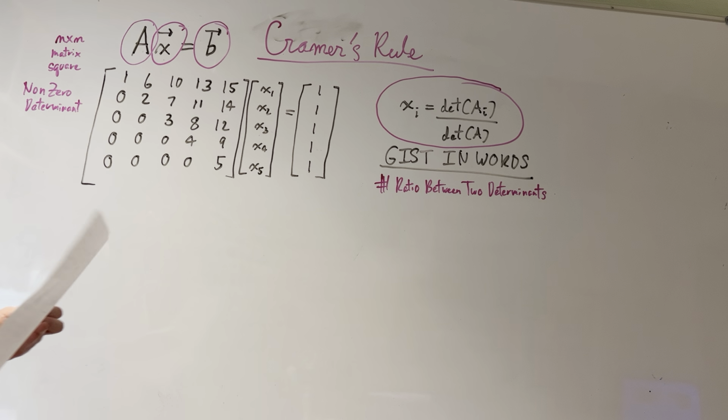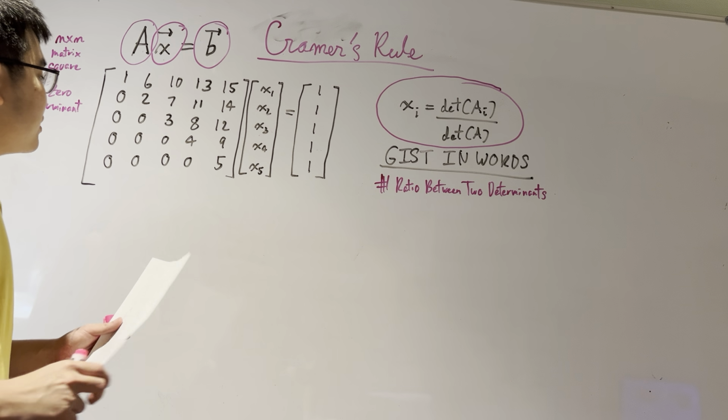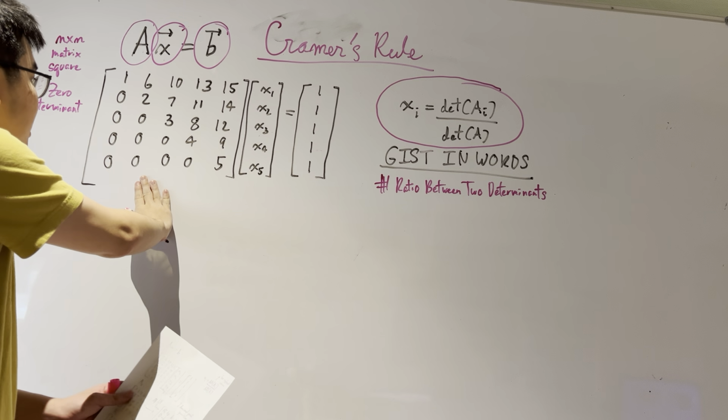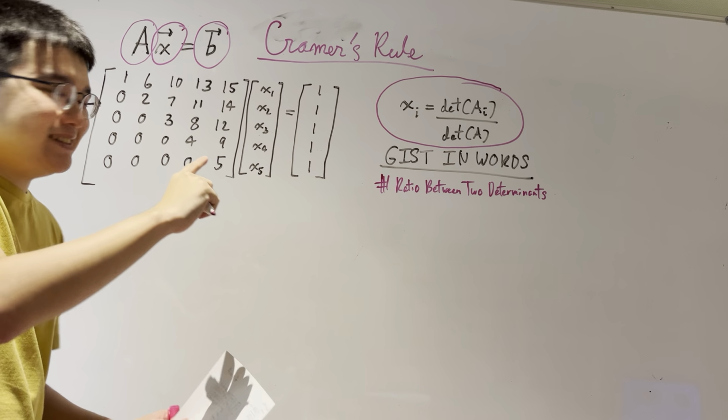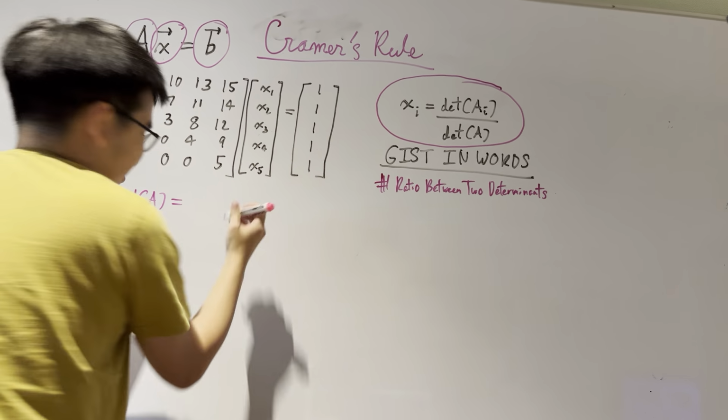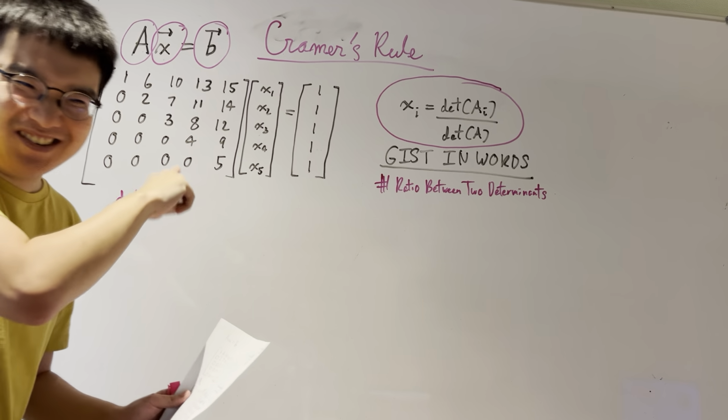But basically, the gist of what Cramer's rule tells us is, first we have to calculate the determinant of this matrix here, which, fortunately for us, is a triangular matrix, an upper triangular matrix.